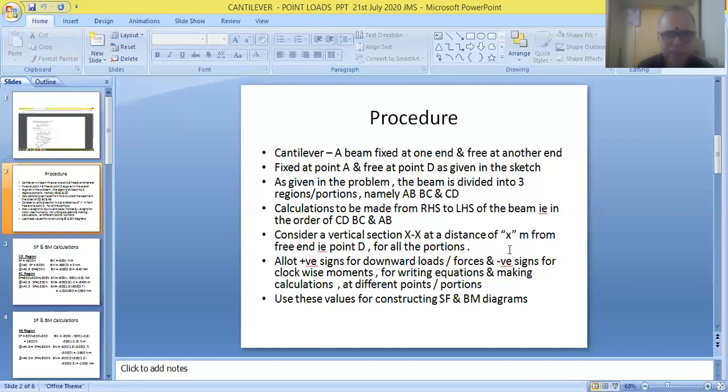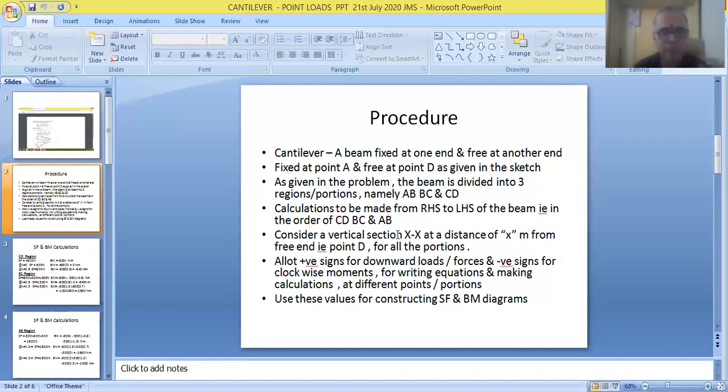This is very essential. This fifth point is very important for writing shear force equations and bending moment equations at all the regions of the cantilever. So the CD region of the cantilever, the BC region of the cantilever, the AB region of the cantilever.